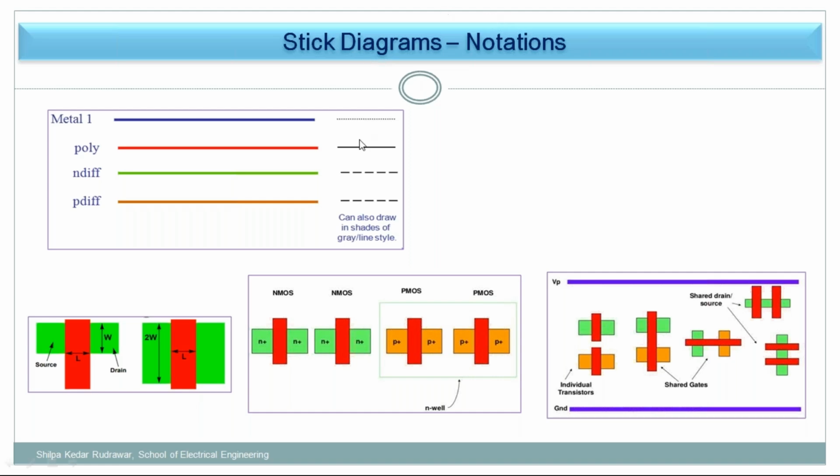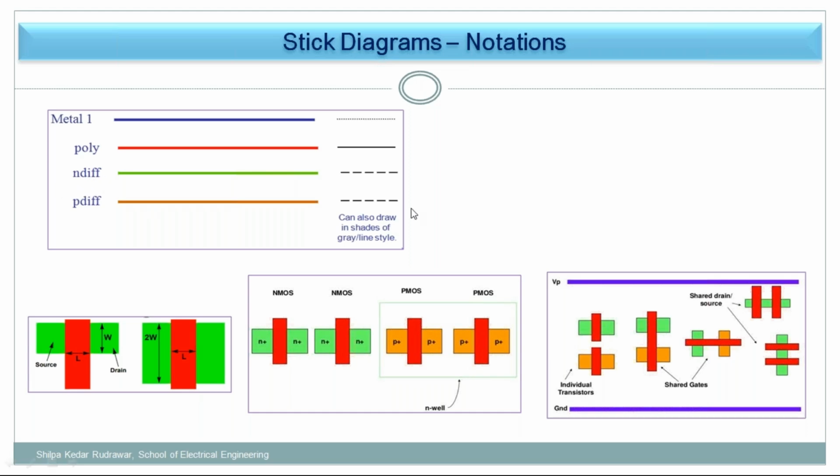Here it is shown by this black line, and here it is a dotted line. So these are the notations for drawing with a normal pen, and these are the color notations. Polysilicon is defined by this red line, so red means it is the gate made using polysilicon material.